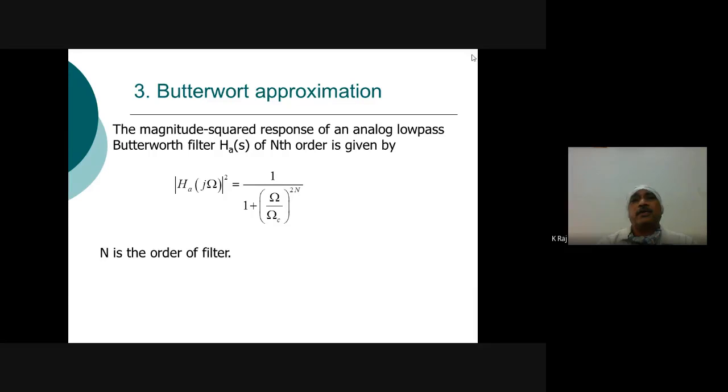The Q factor is of the order of near 0.707, that is 1 by root 2, and we will get a flat response in the passband as well as a flat response in the stop band, and hence the magnitude squared response of the analog low pass Butterworth filter HA of the nth order is described by 1 upon 1 plus omega upon omega c, whole power 2n, where omega c is the cutoff frequency.